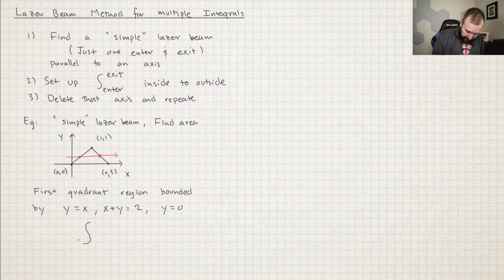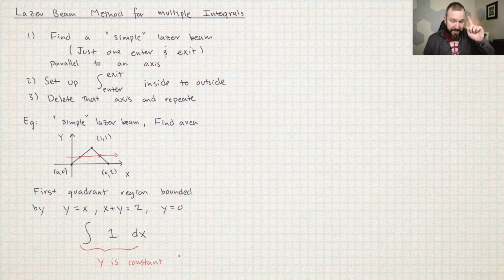The first thing that we're going to set up is the integral. Since I chose a laser beam that is parallel to the x-axis, dx is going to come first. And what this means is for this first integral, y is constant. So I have picked a single value of y, and what I want to know is what are the values of x where this laser beam enters and exits.